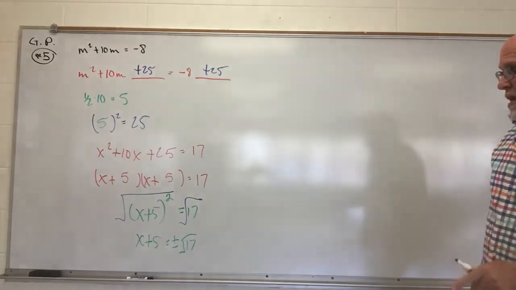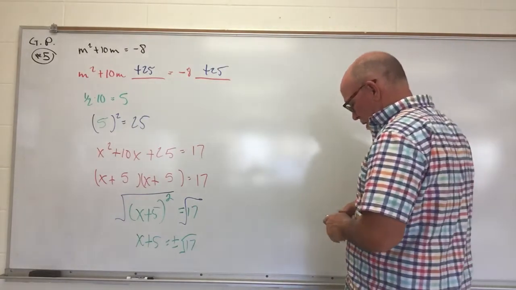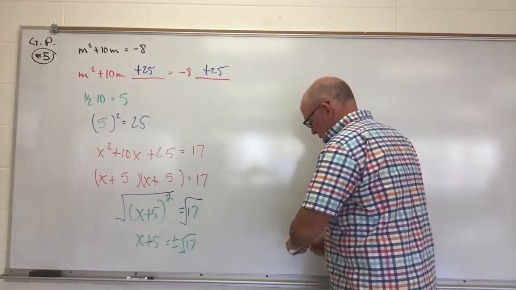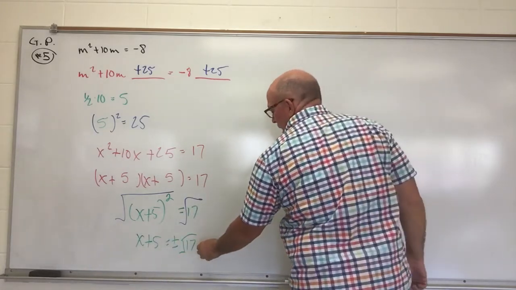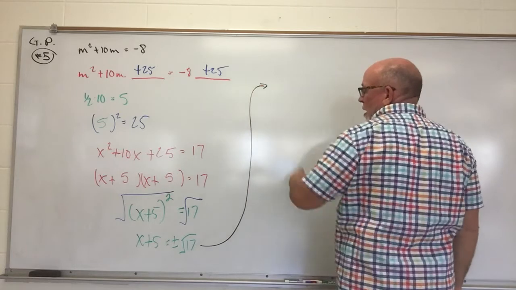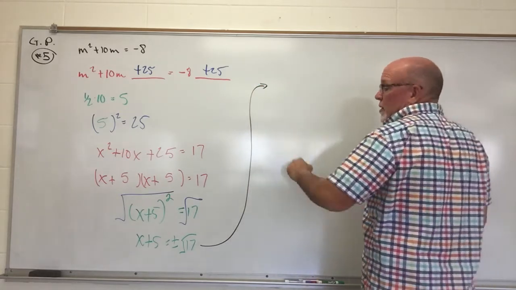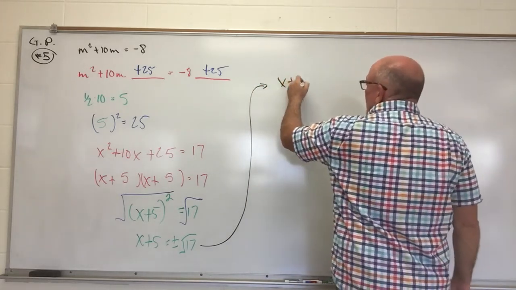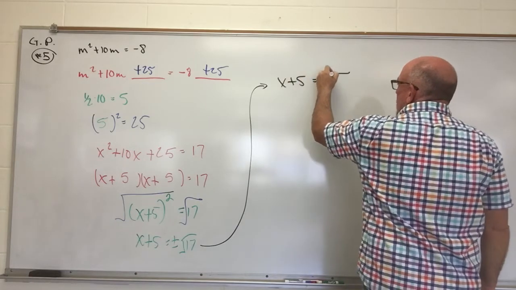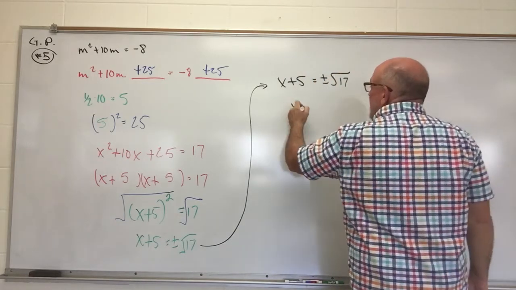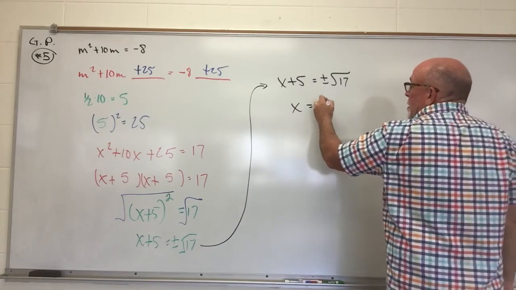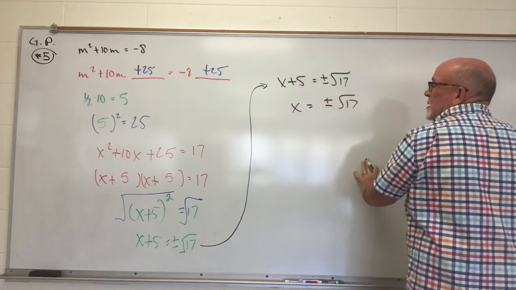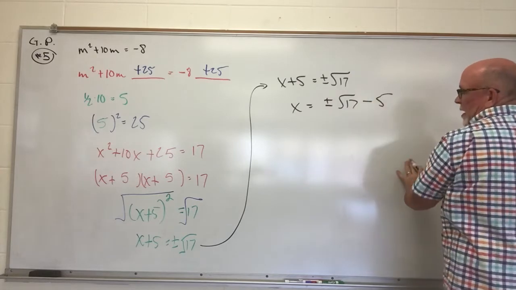17 does not have a perfect root. That's okay. That's what we have calculators for if we're looking for an estimate or an approximation. So x plus 5 equals plus or minus square root of 17. That means my 2 answers are going to be plus or minus square root of 17 minus 5.